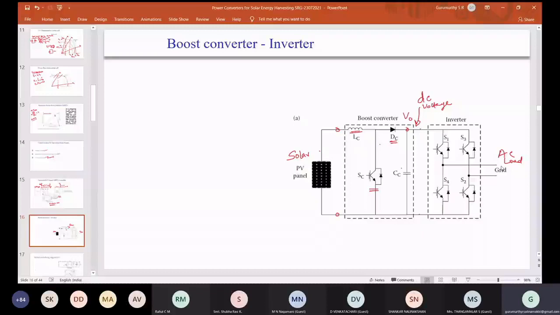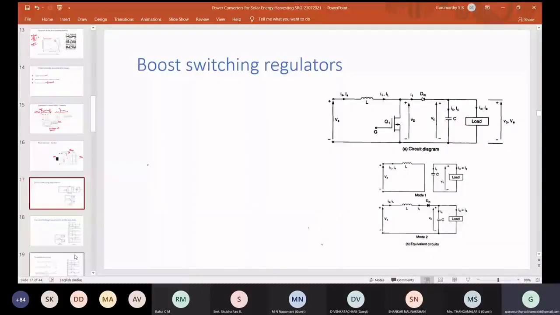Now let us see how these things work. We have understood that a converter is required to make the source compatible with the load, and let us try to understand how the boost converter will be useful. This is the boost converter circuit.